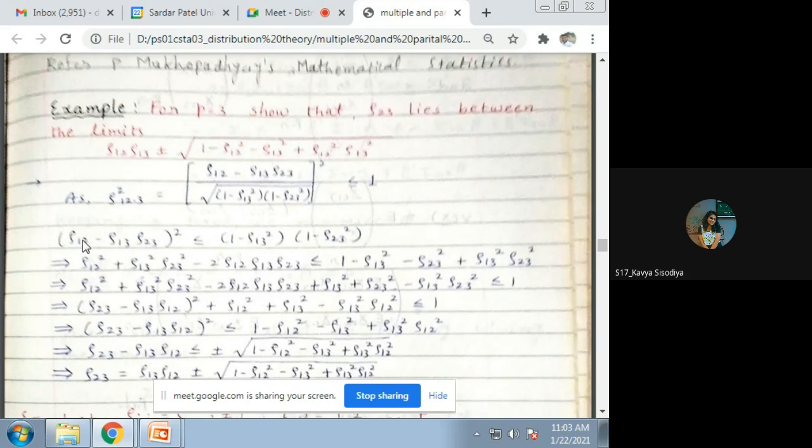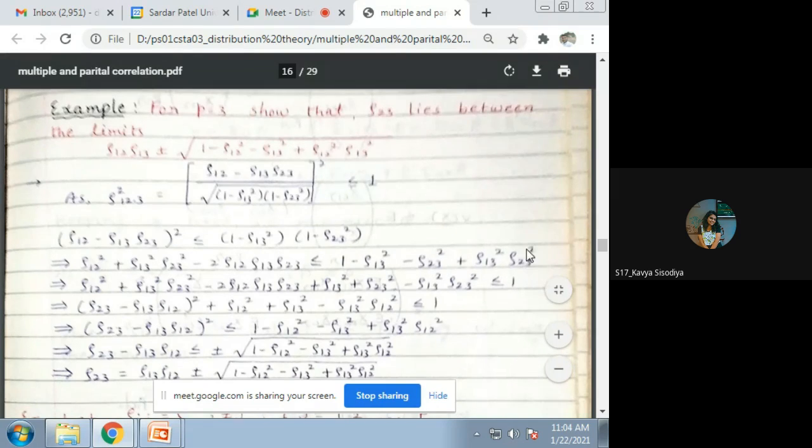Rho 1 2 square plus rho 1 3 square rho 2 3 square minus 2 times rho 1 2 rho 1 3 rho 2 3 is less than or equal to 1 into 1, that is 1, minus rho 1 3 square, similarly minus rho 2 3 square, and minus minus plus, so it is plus rho 1 3 square rho 2 3 square. Now some terms cancel out.